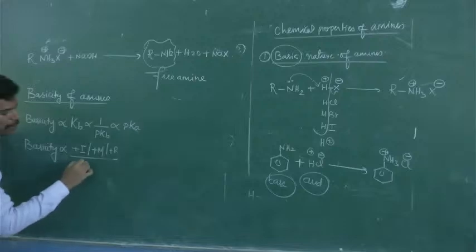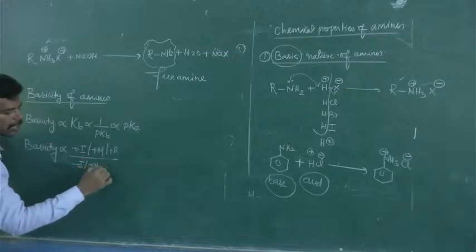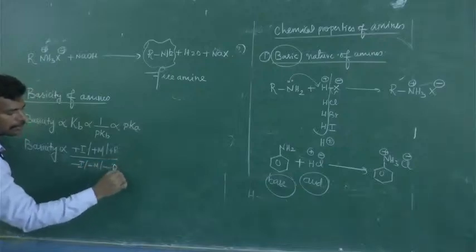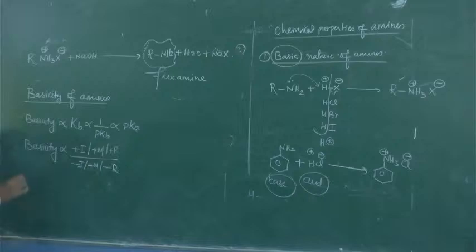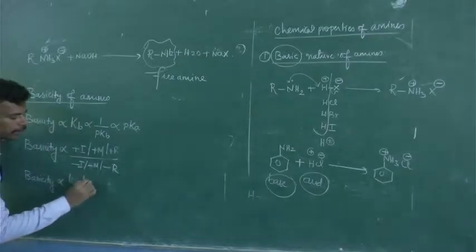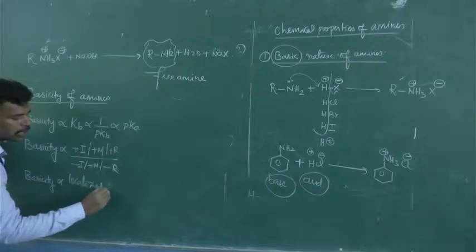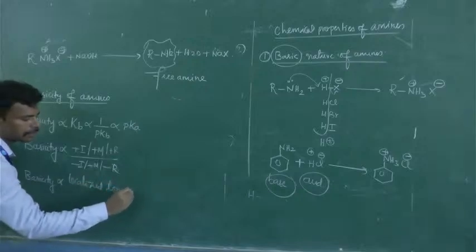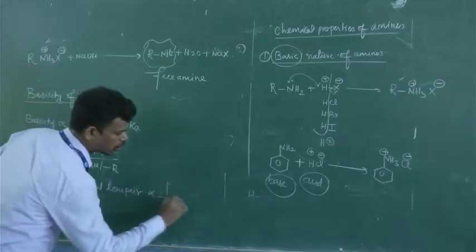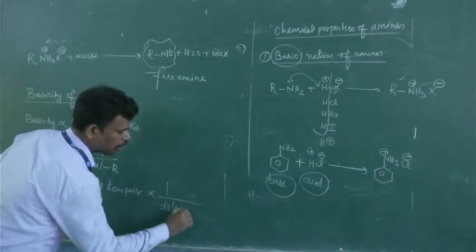Okay, inversely proportional to minus I, minus M or minus R. Okay, basicity directly proportional to localized lone pair and inversely proportional to delocalized lone pair.